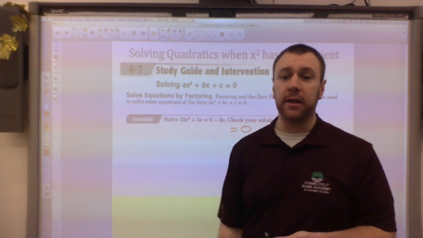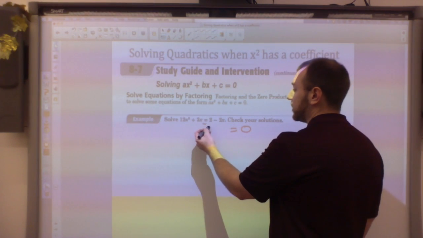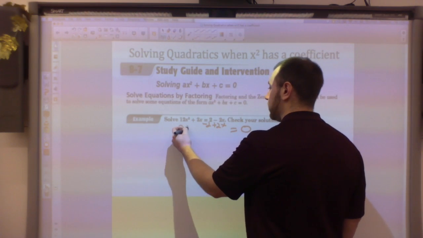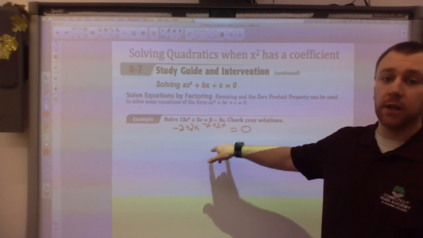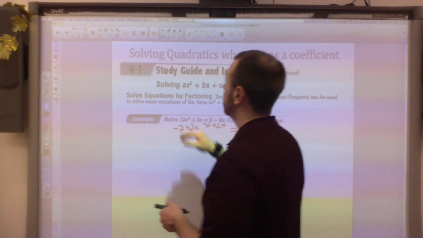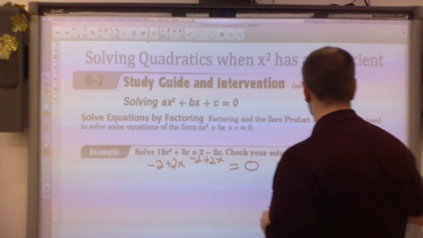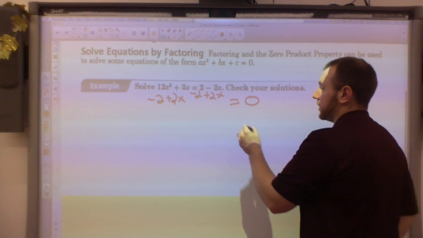I don't care about any of the other signs. So what I'm going to do is subtract 2 and add 2x to both sides. That's going to move these two terms over to the other side. So now it equals 0.